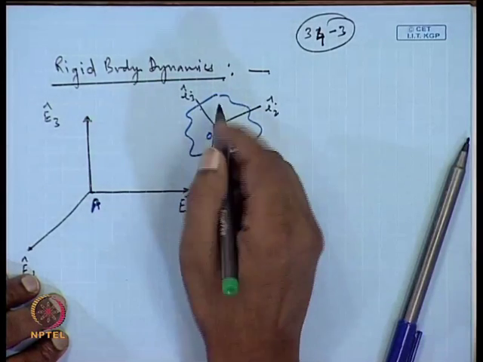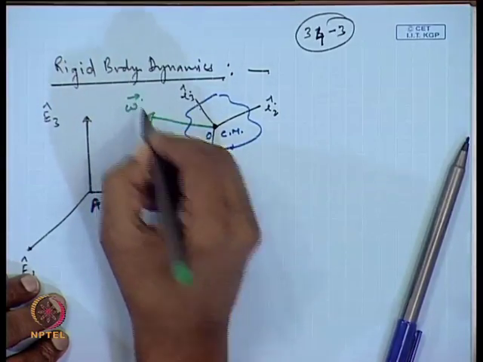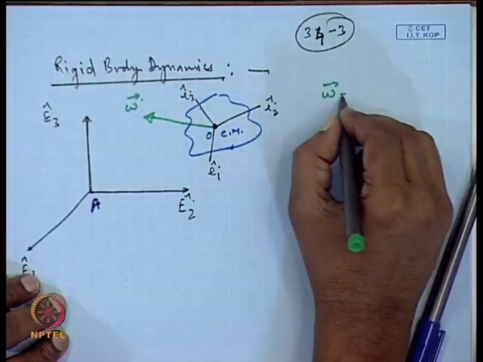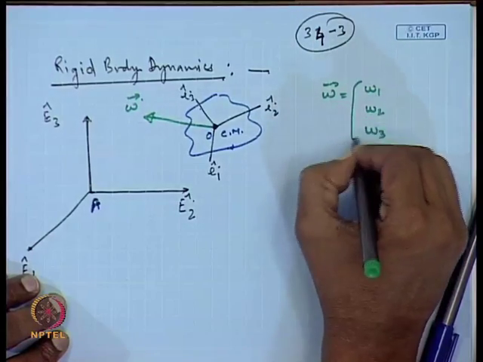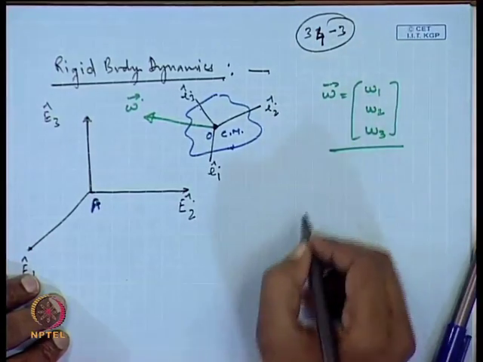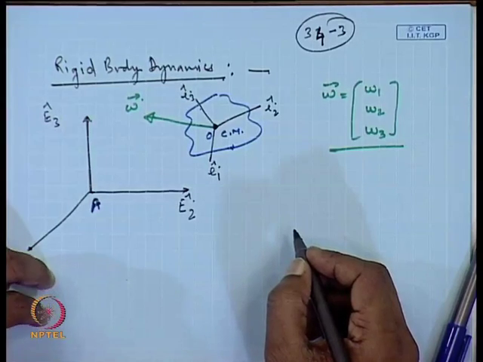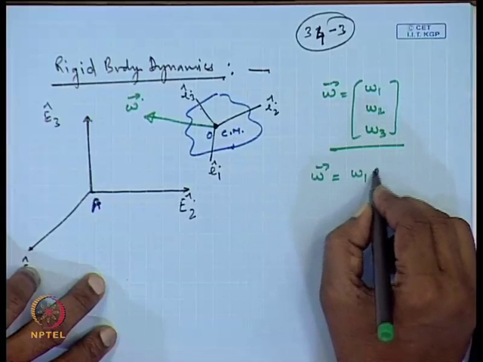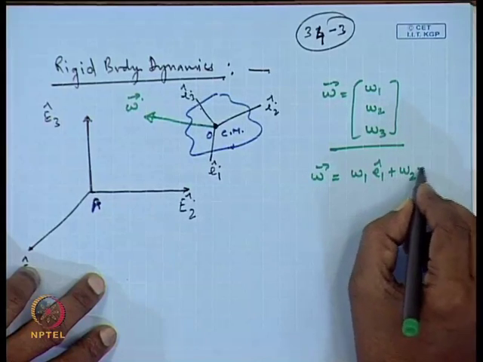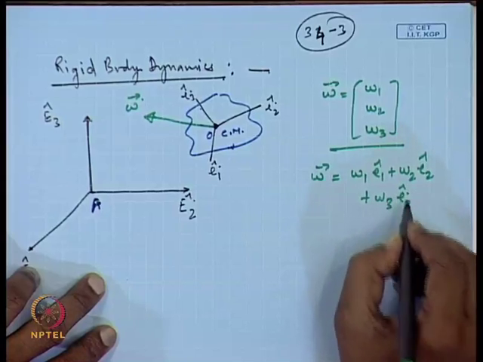The angular velocity of this rigid body, let us say it is shown by omega, where omega is a vector whose components are omega 1, omega 2, omega 3. So, omega can be written as omega 1 times E 1 plus omega 2 times E 2 plus omega 3 times E 3.